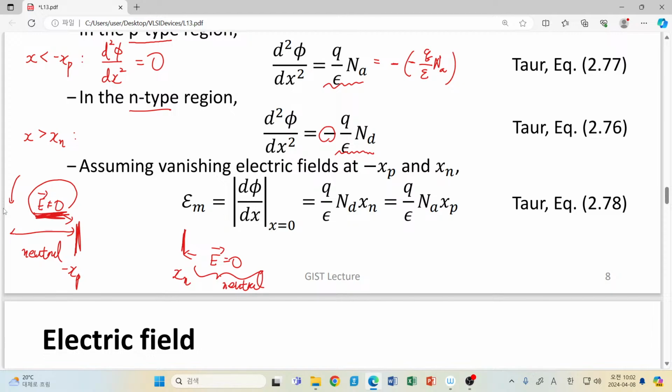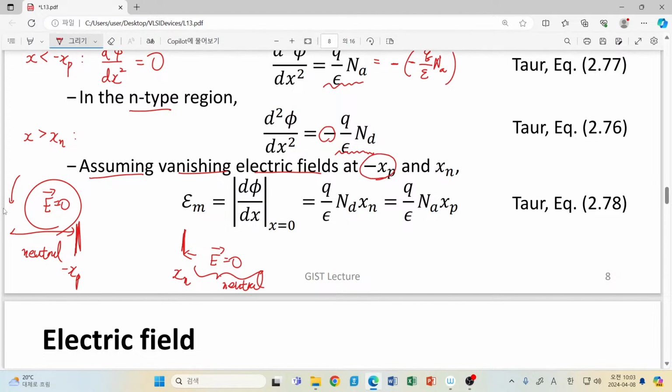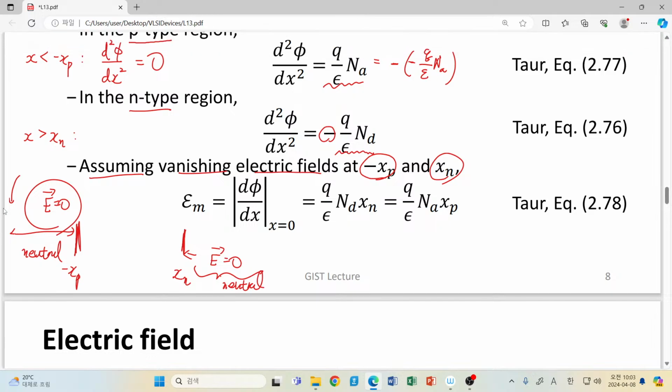So simply speaking, in this neutral region, we must have zero electric field. Assuming vanishing electric fields at minus xp and positive xn, these conditions are obtained from natural physical consideration.